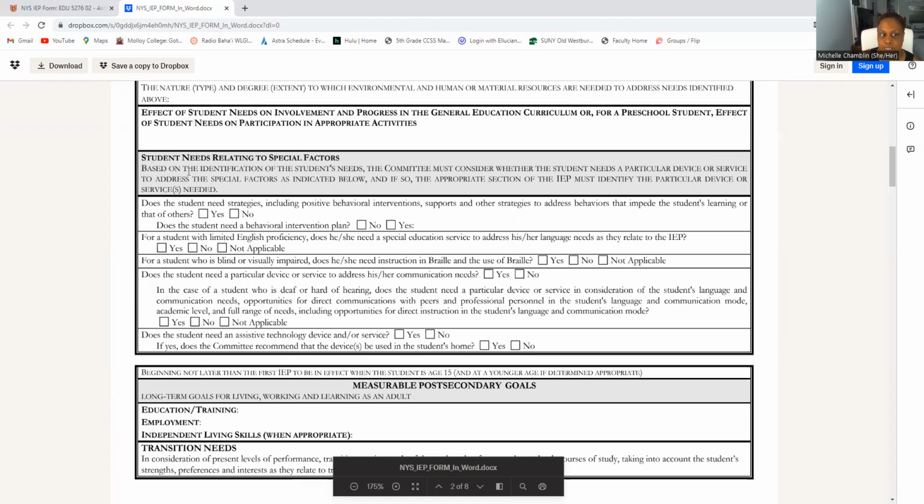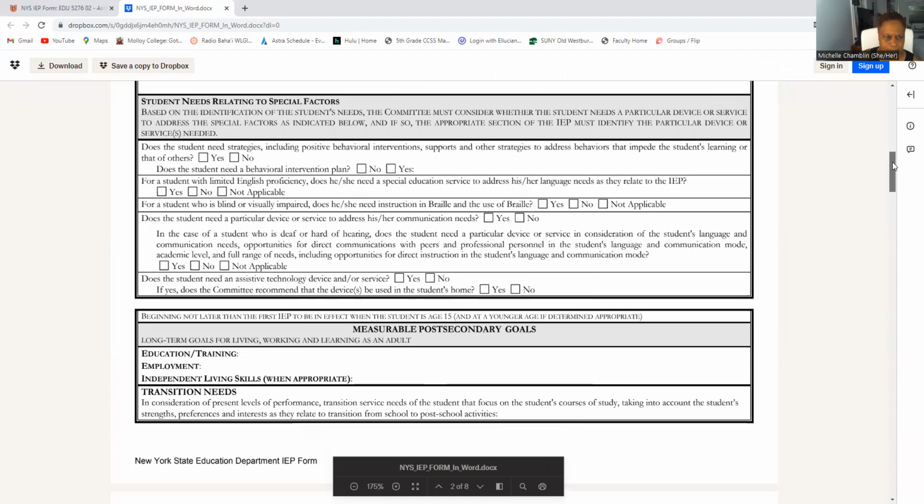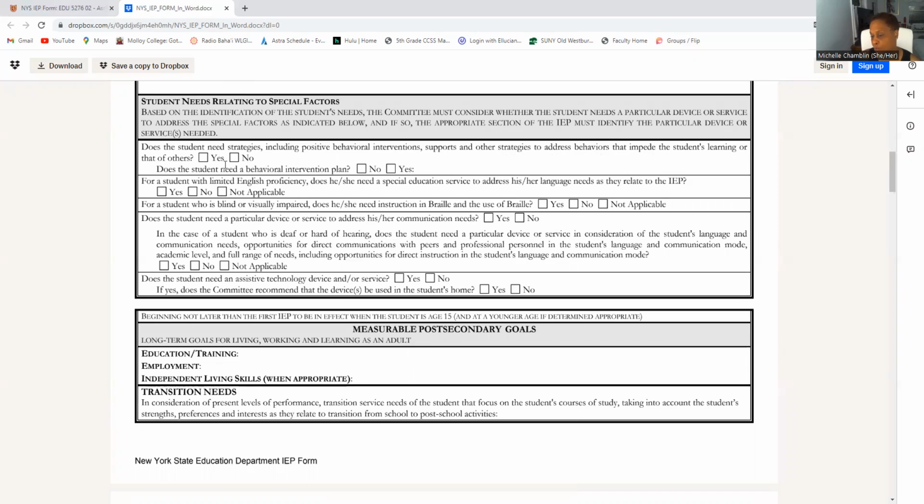Next, we have student needs relating to special factors. So here, does the student need strategies, including positive behavioral intervention supports and other strategies, to address behaviors that impede the student's learning or that of others? So this is something based on the student, and more than one person fills this out.